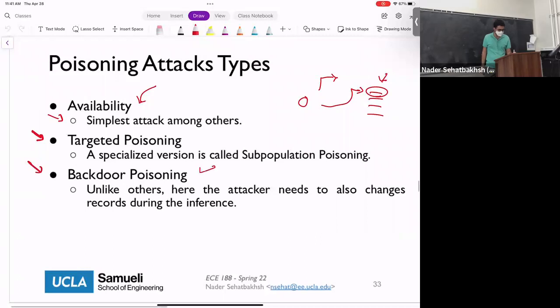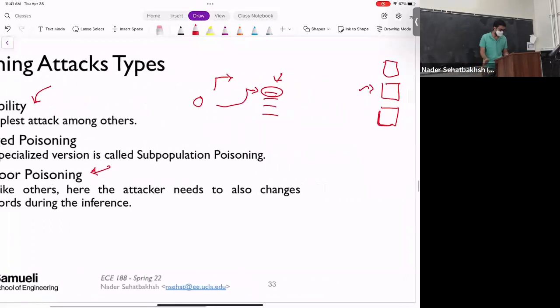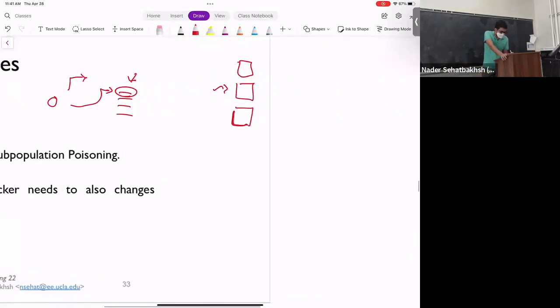And then finally, the last one is what's called a backdoor poisoning. The backdoor one is also very clever. You train your system to look for specific features, usually features around the corner, so that whenever it sees this feature, it makes a specific classification.